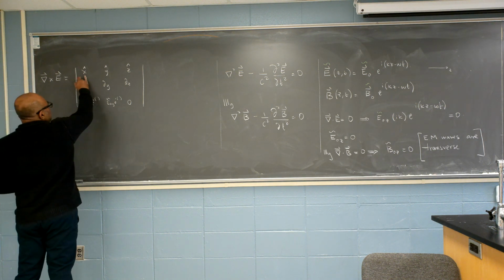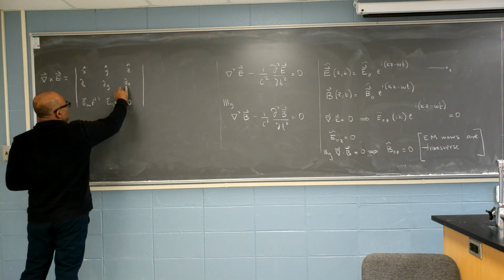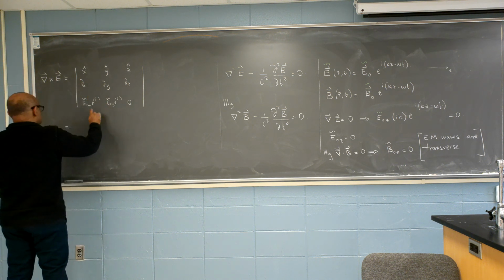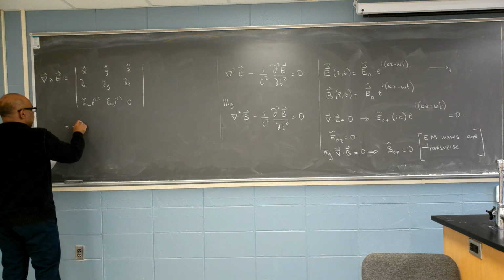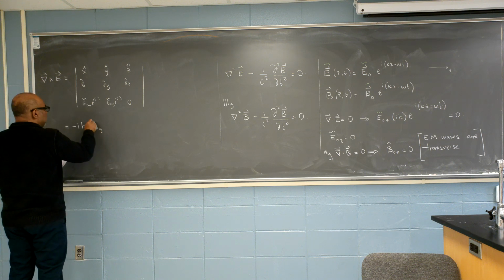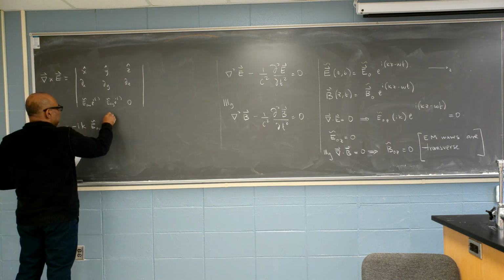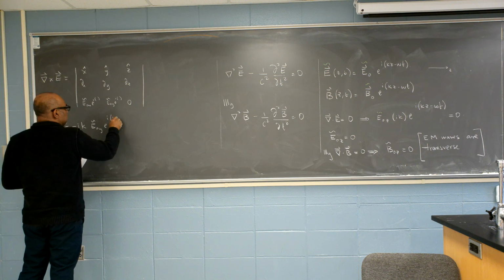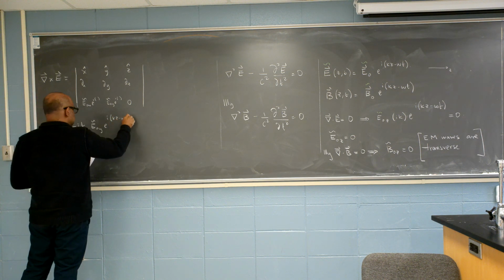So from this times this is 0, minus this times this. So I would get minus i k E0y e to the i(kz minus omega t).